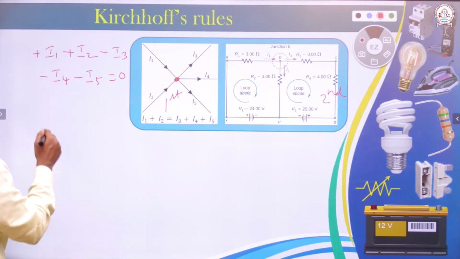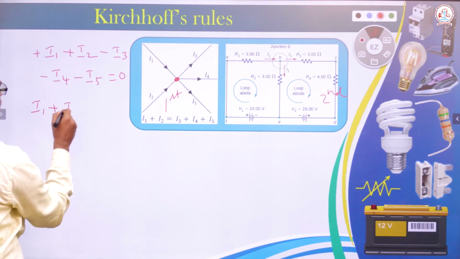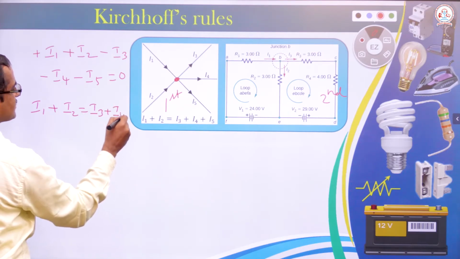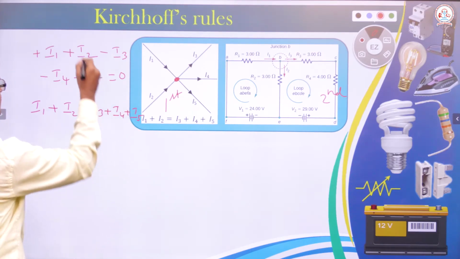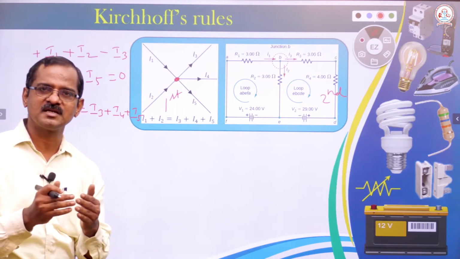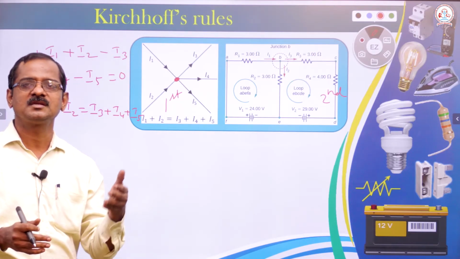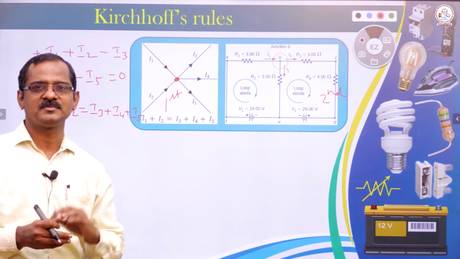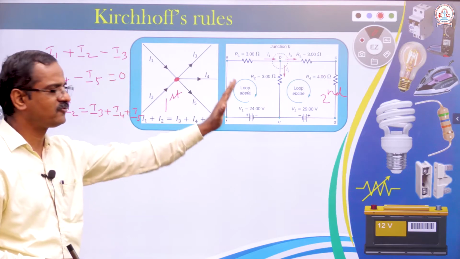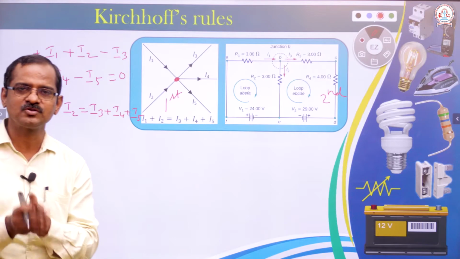Then the equation can be rewritten as I1 plus I2 equals I3 plus I4 plus I5. So the sum of the current flowing towards the junction is equal to the sum of the current flowing away from the junction. This is Kirchhoff's first rule.